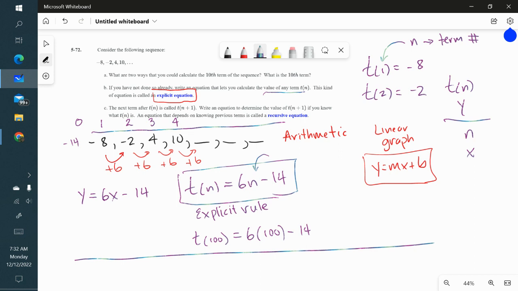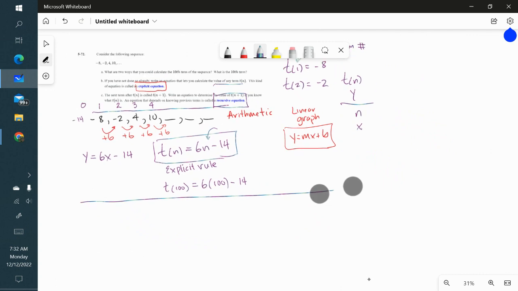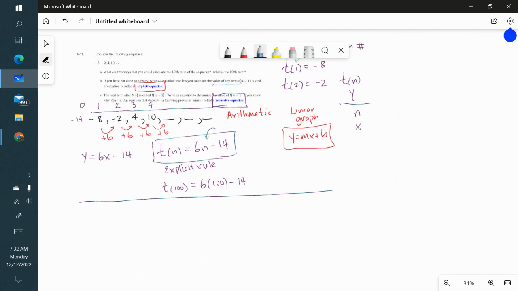So the new thing in this section is the idea of a recursive rule. That's a rule where we're looking at the sequence like this, where it's adding repeatedly. So it's a new notation. It's a different way of looking at the sequence. Let me recopy the sequence because now we're going to look at it recursively. -8, -2, 4, 10.